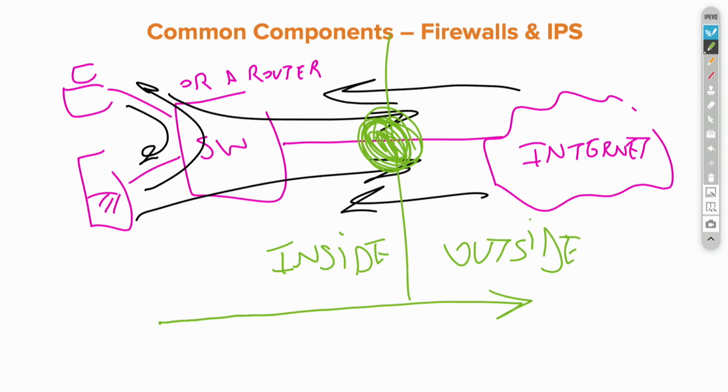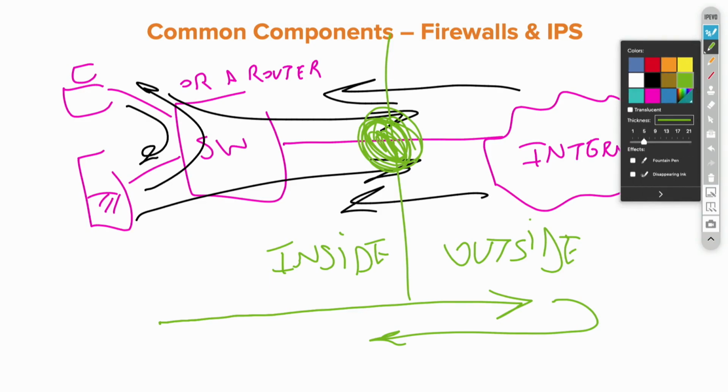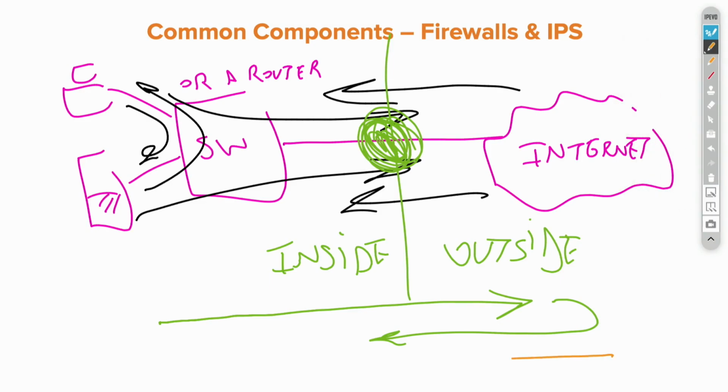We'll allow that initiation, and then whoever's on the outside can respond to that. But if a device on the outside is trying to initiate a connection, no, we're not going to allow that. The internet cannot initiate a connection. All it can do is respond to a connection from the inside.